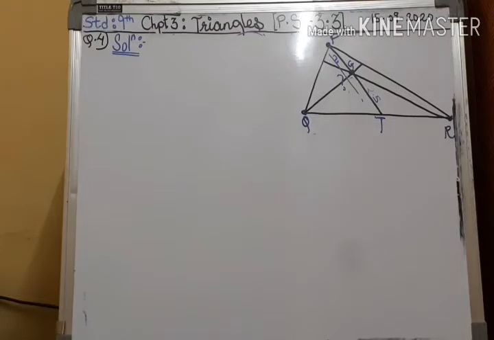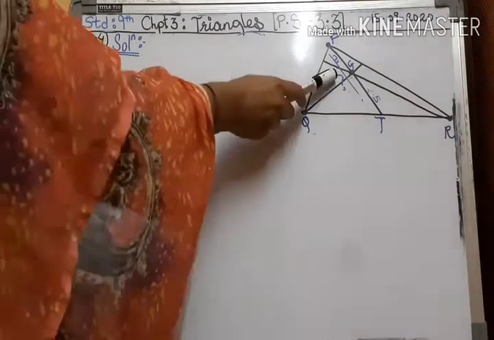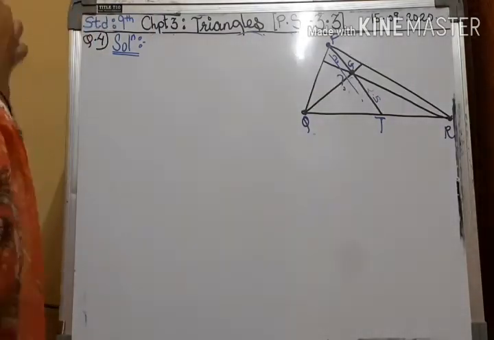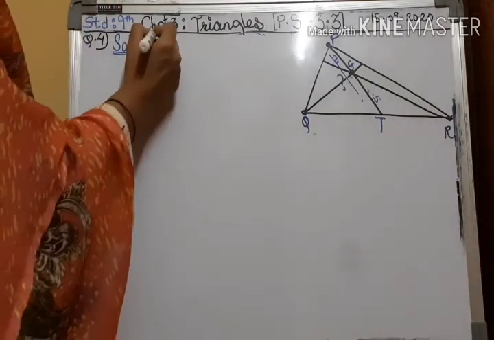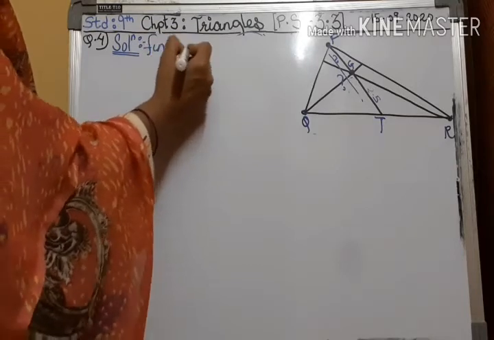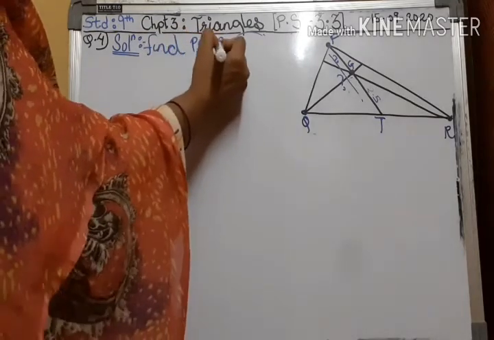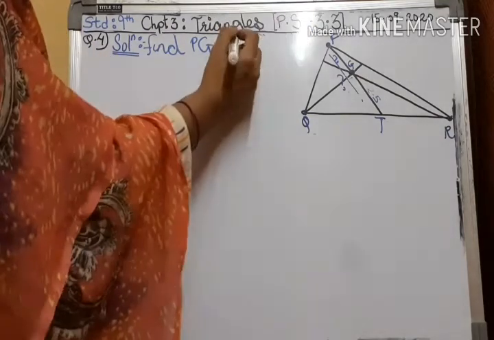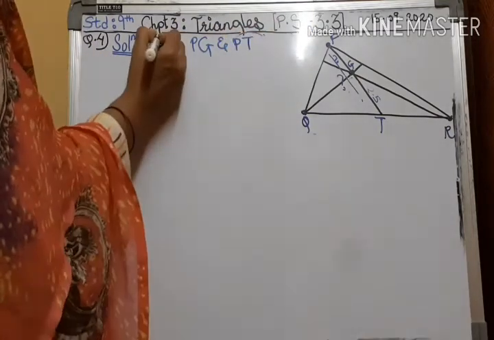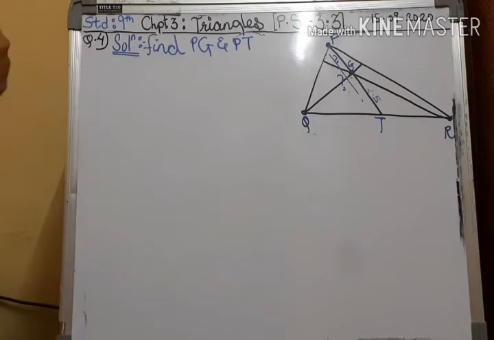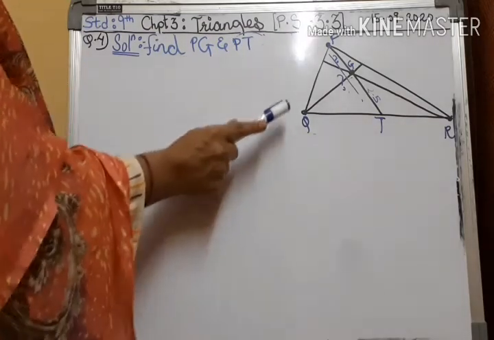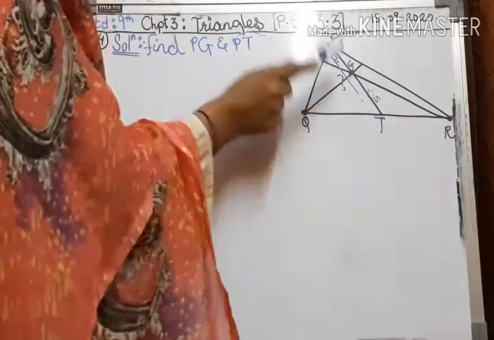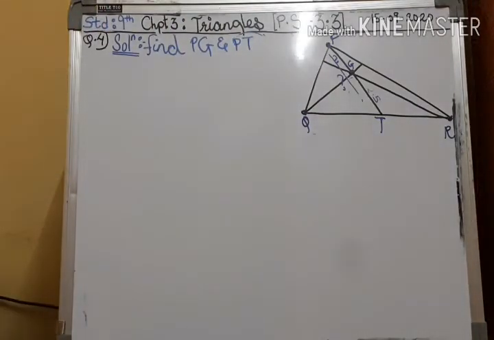Come to the solution of main question number 4. We want to find PG and GT. So first of all, write the find: PG and PT. Students, we will take the triangle PQR and G is the centroid of the triangle.